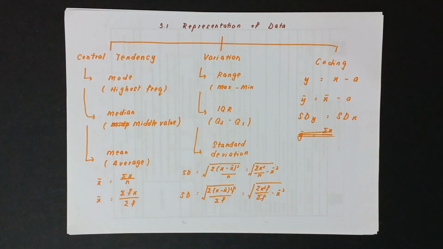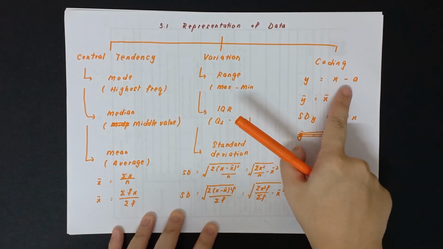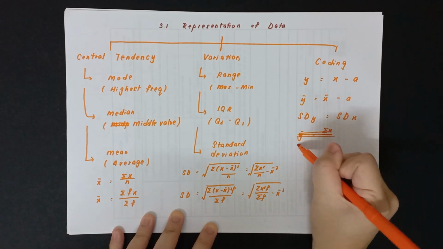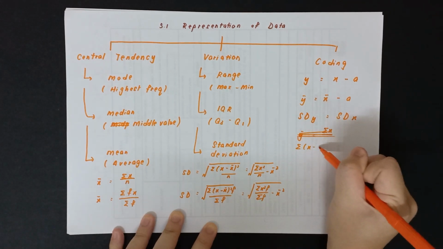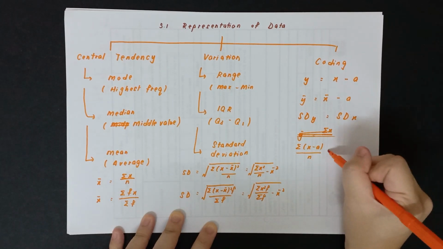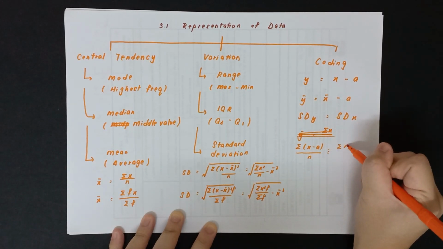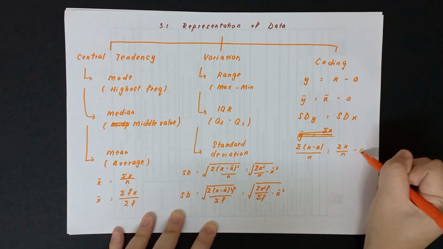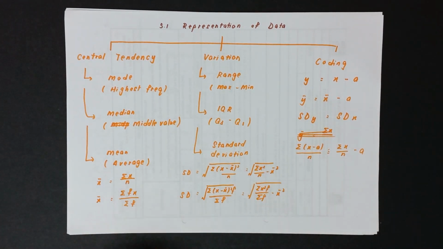Start with the y first. Since y is x minus a, it's going to be the sum of x minus a, every data of your y, divided by the number n that you have, which will equal the sum of x divided by n, minus a. So these two, you should be able to get the exact same answer.